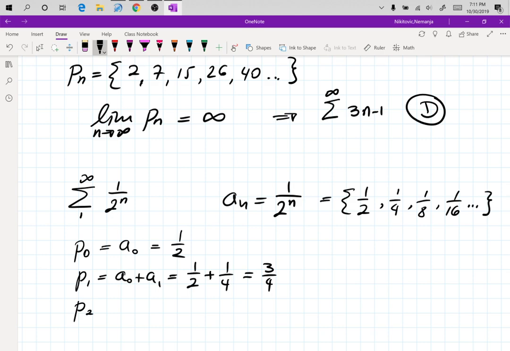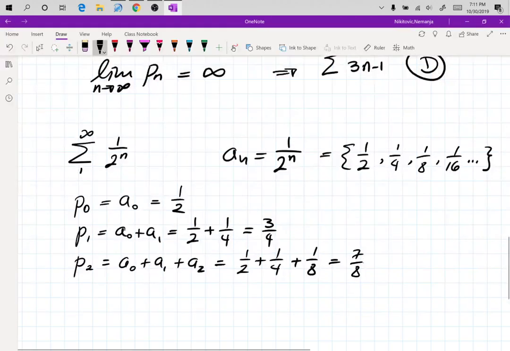And then P2 is equal to A0 plus A1 plus A2, which is 1/2 plus 1/4 plus 1 over 8. So that's going to be, is that 5/8? 7/8.